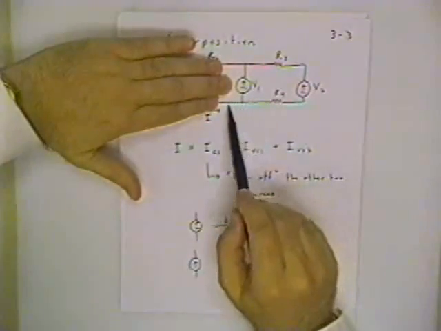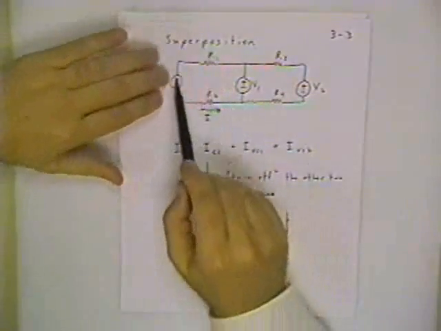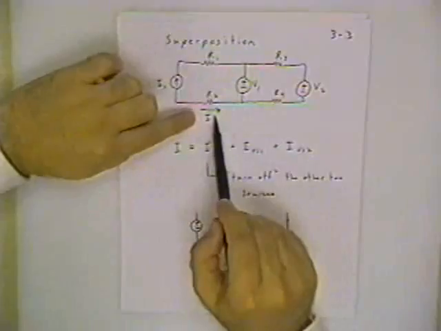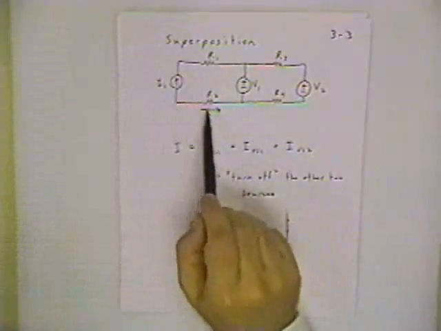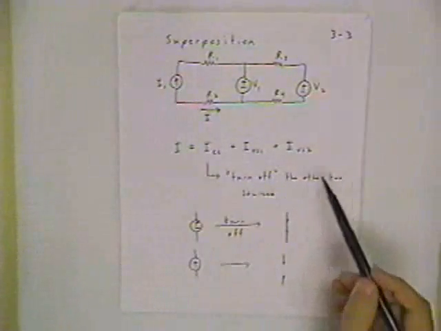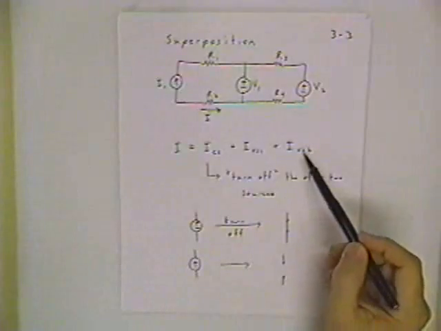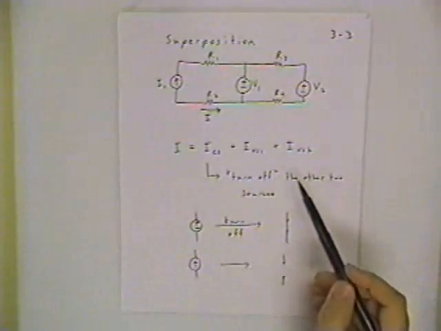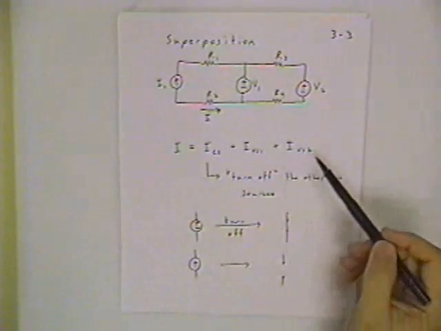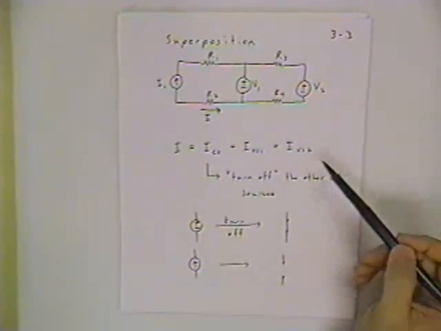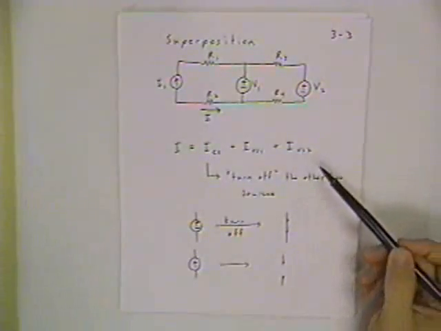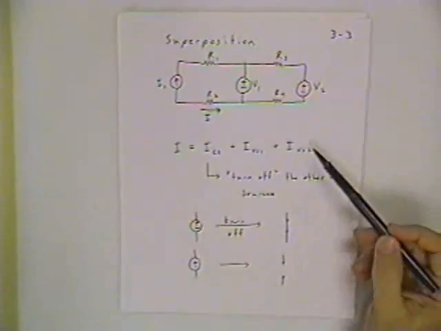And now I could easily calculate the current due to that open circuit would be 0. I mean, when I get rid of that current source, I don't get any current in this branch. So I think you get a sense of how this process works. But I don't even want to show you an example of this for the following reason.